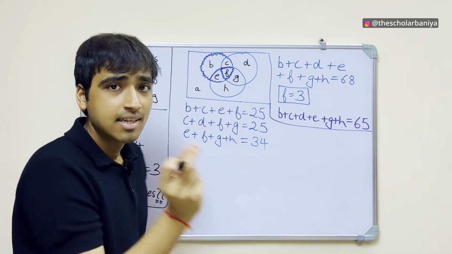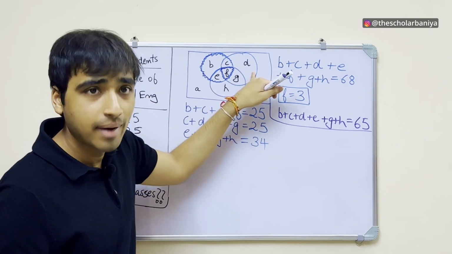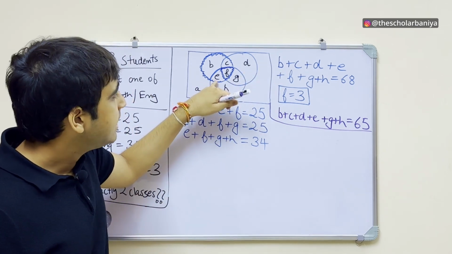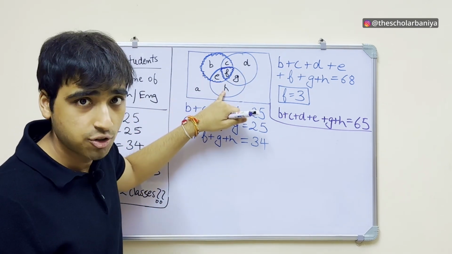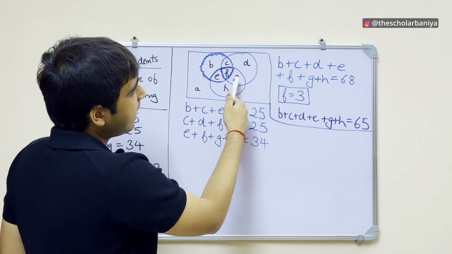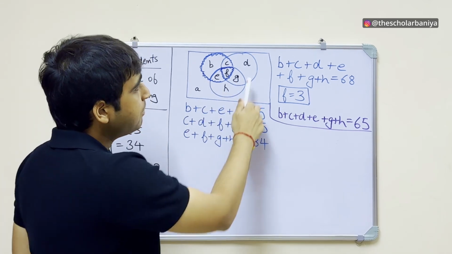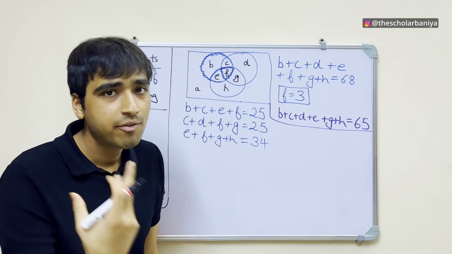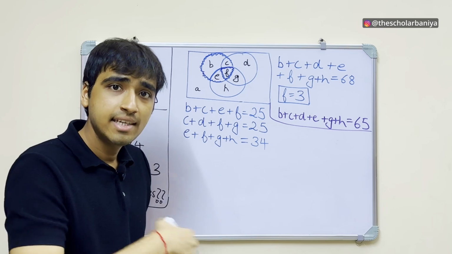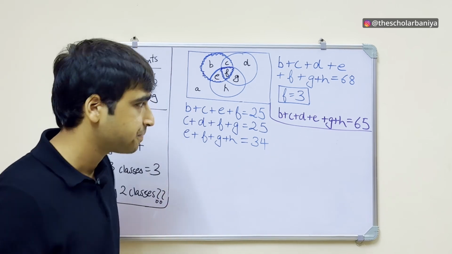So that means C represents those students who study history and math. Similarly, E represents those students who study history and English. And similarly, G represents those students who study math and English, right? And what is F? F represents those students who study English and math and history, all the 3 subjects, right?